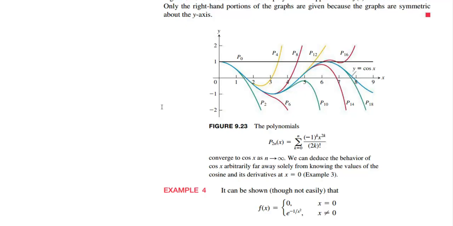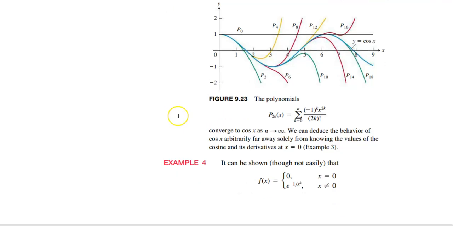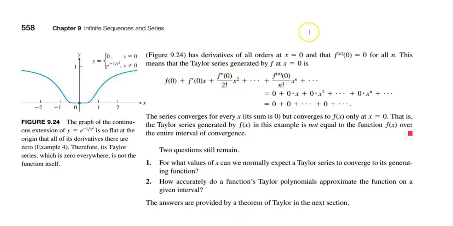Example 4, it can be shown, though not easily, that f of x equals 0 at x equals 0, and e to the negative 1 over x squared when x does not equal 0, has derivatives of all orders at x equals 0, and the nth derivative at 0 equals 0 for all n. This means that the Taylor series generated by f at x equals 0 is f of 0 plus f prime of 0 times x plus f double prime of 0 over 2 factorial x squared, our standard Taylor series setup.